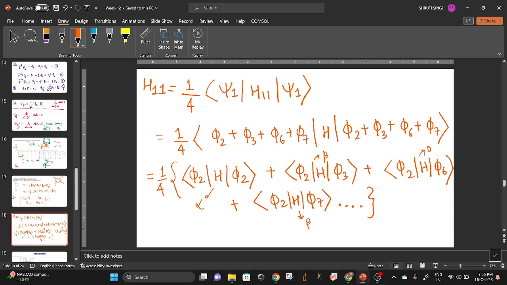So we will have a total of 16 terms, and each combination will give 1 alpha, 2 beta, and 1 term will be 0. So we will have 1 over 4 alpha plus 2 beta. How many times? 4 times from all 4 terms. So we will get H11 equals alpha plus 2 beta.